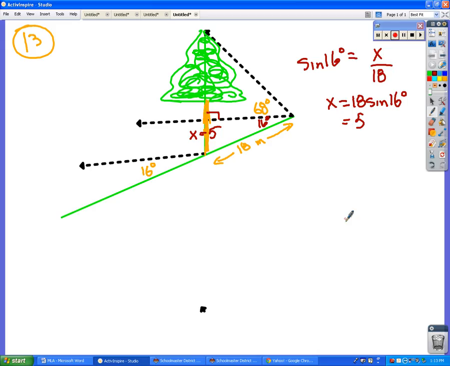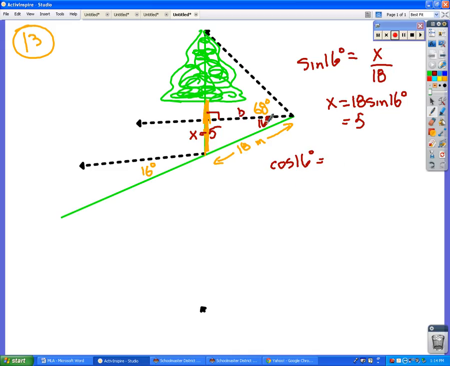Now what? Okay, so now she's going to go cosine 16 degrees equals, so you want to try and find this right here, and what did you call it? B. Oh, okay, so she went with B right there.